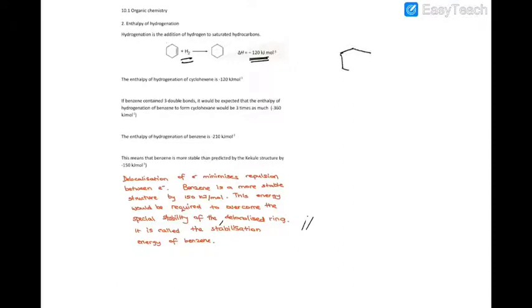So if benzene had this structure where it had 3 double bonds, it should take 3 times 120 kilojoules. So it should have been 360 kilojoules per mole to add 3 moles of hydrogen.